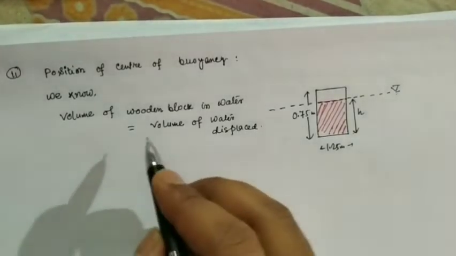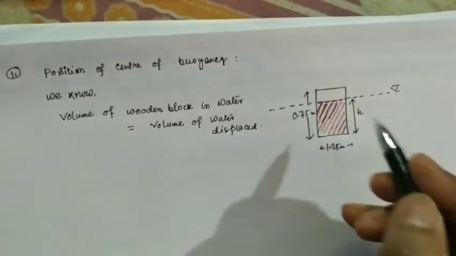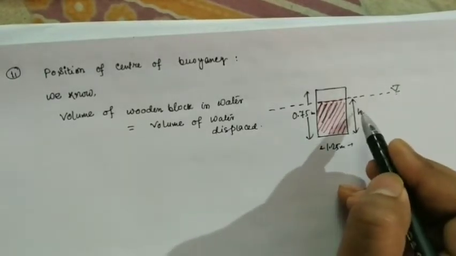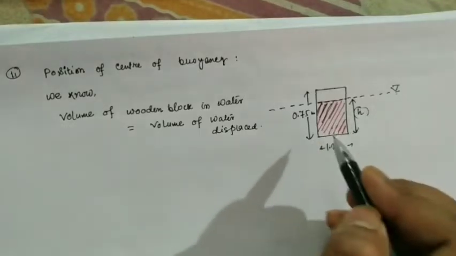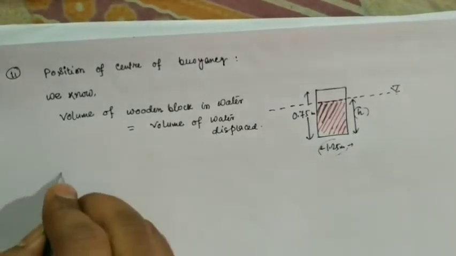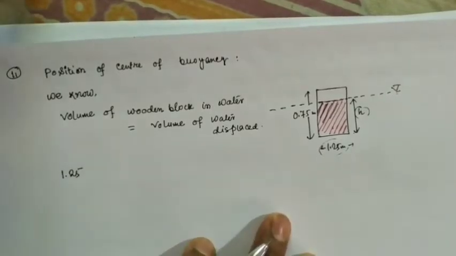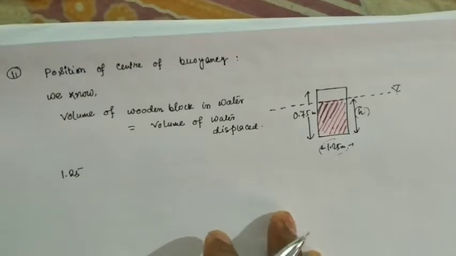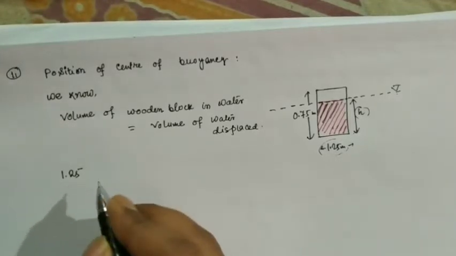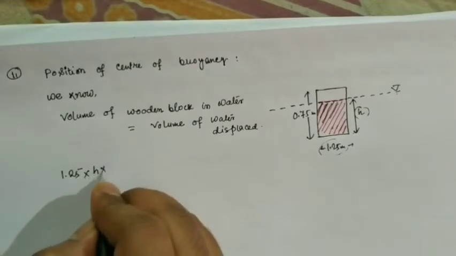Then what will be the volume of the wooden block which is in water? You have to multiply H by the width by the length: 1.25 was the width, into H the height, and 3 the length.